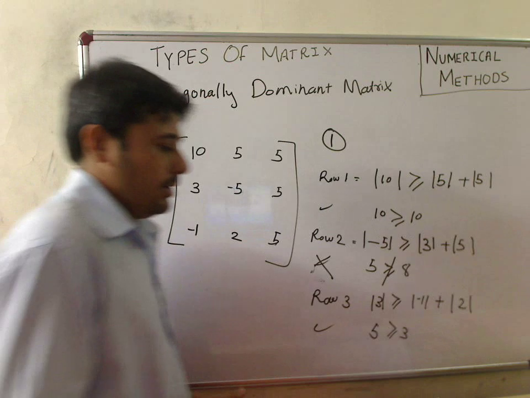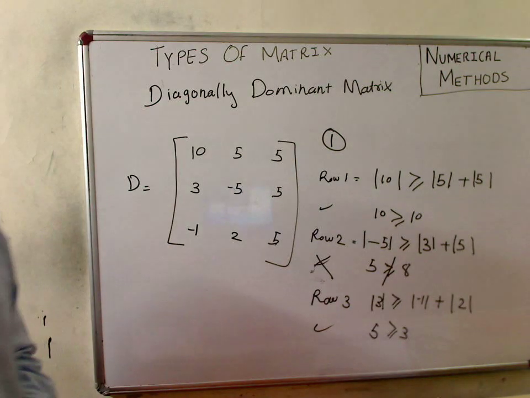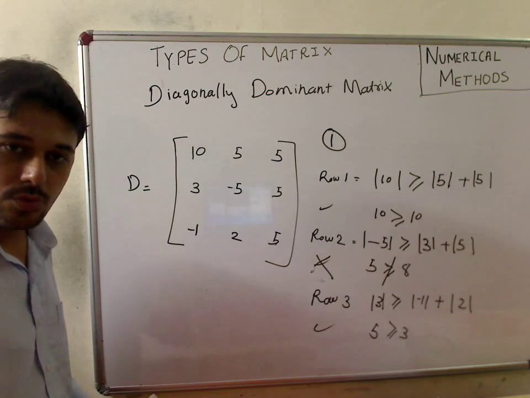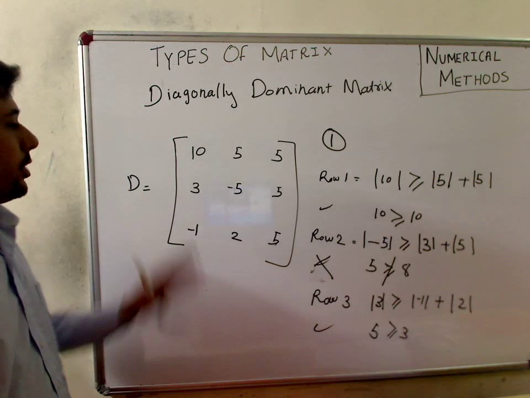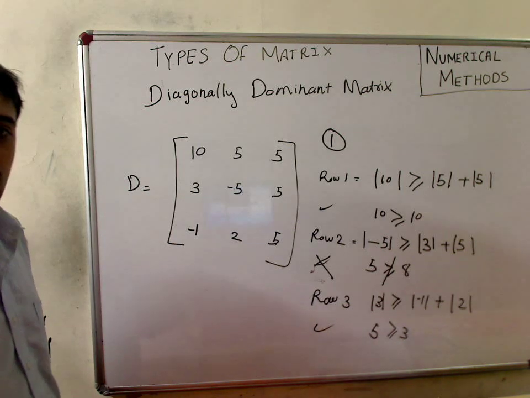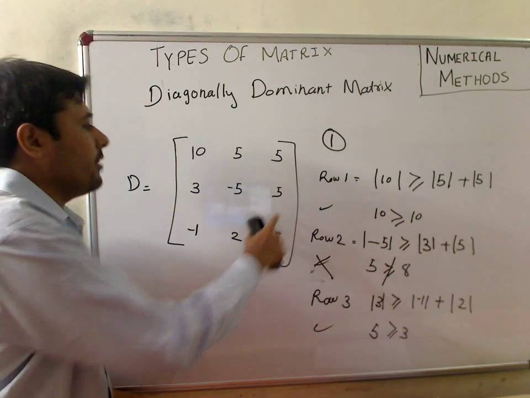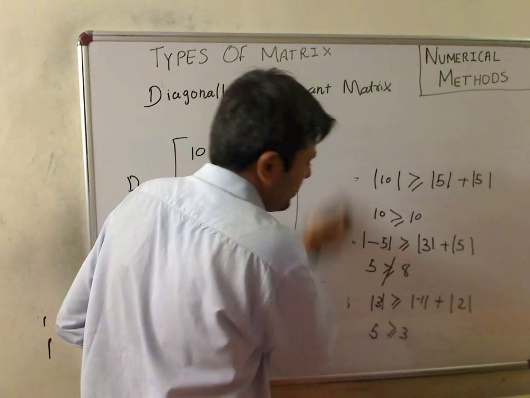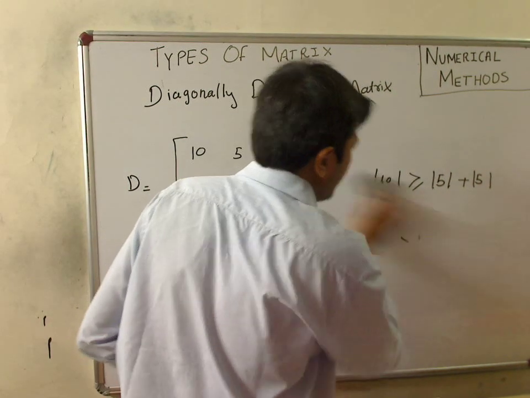So in summary, a diagonally dominant matrix is a matrix where, for the diagonal element in any of the rows, the modulus of that element should be greater than or equal to the summation of other elements in those rows. And for at least one row, it should be purely greater.